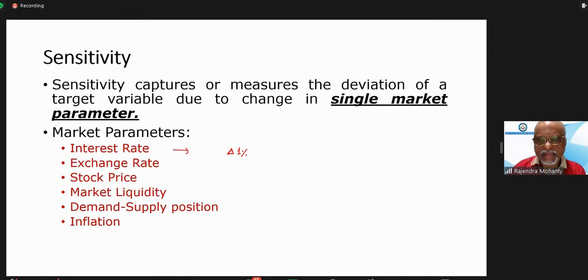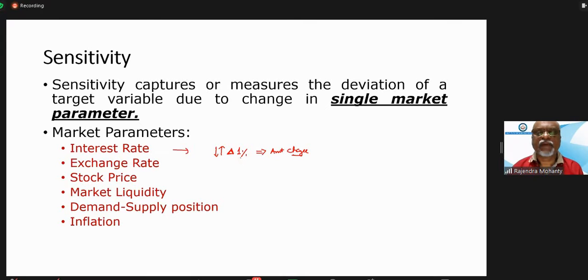Whenever I use this triangle, delta, it means a change in the rate of interest of 1%. So the market value will change. So what is the amount of change that happened? Change might be that the market rate is going up or it is going down. So that is called a change.